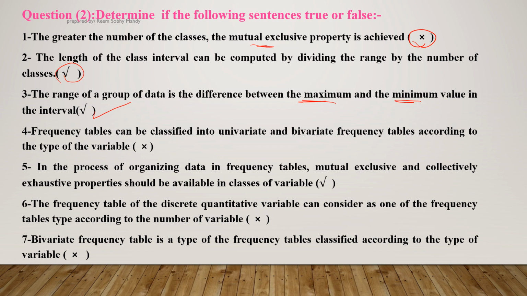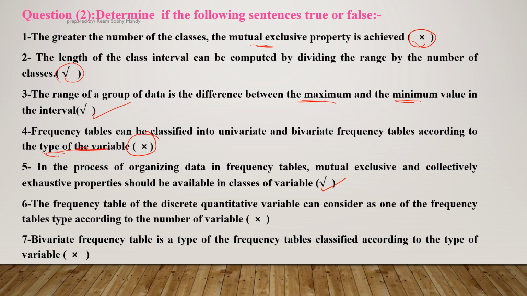Frequency tables can be classified into univariate and bivariate frequency tables according to the type of the variable. This is false because univariate and bivariate frequency tables are a type of tables according to the number of the variables of interest, not according to the type of the variable. In the process of organizing data in a frequency table, mutual exclusive and collectively exhaustive properties should be available in classes of variable. This is true.